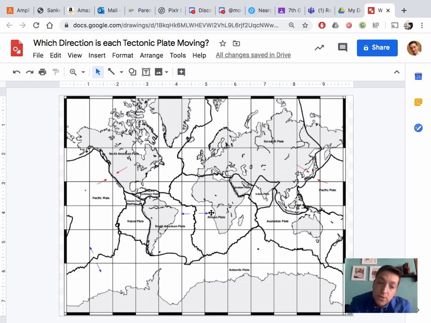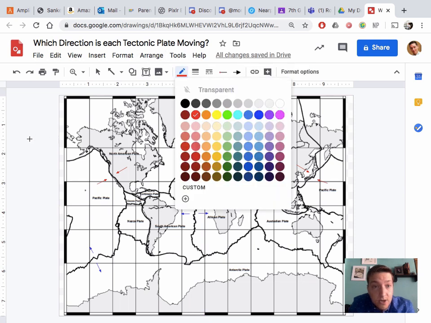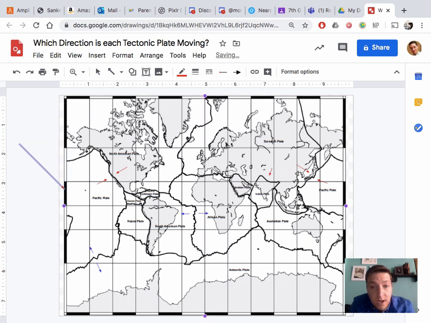Then move to new seafloor and draw as many divergent arrows as you can. And whenever you have mountains, that will also be convergent. So for India, or basically Mount Everest, I can do a convergent boundary.